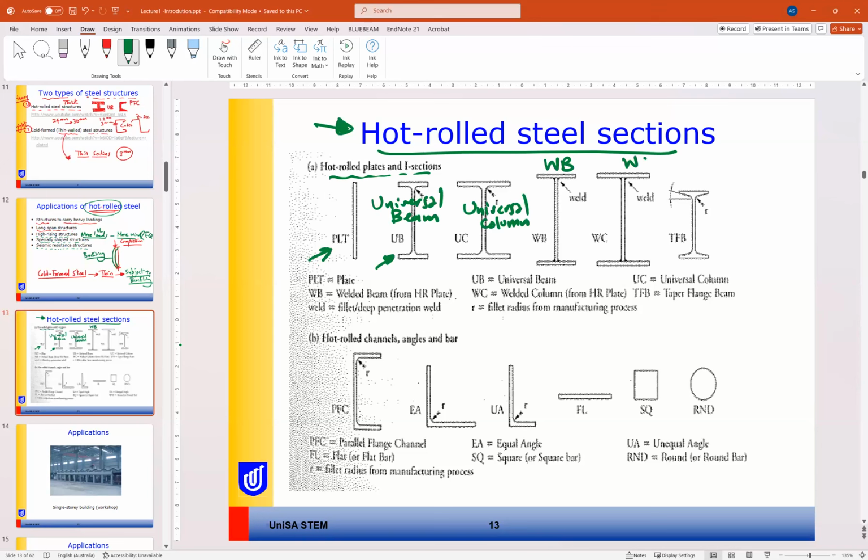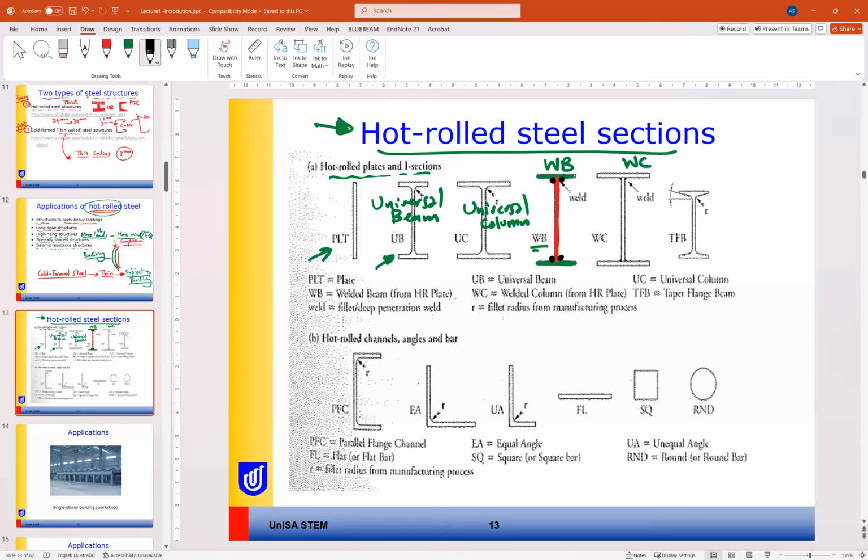and welded column. So welded beam, as you can see, we have top flange and bottom flange, and we have a web similar to the other, but the difference is we have welded the web to the two flanges. That's why it is called welded beam.